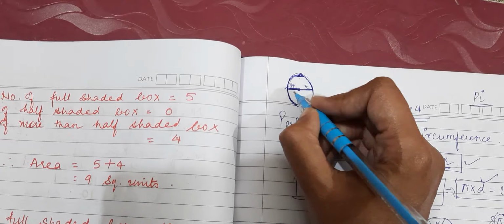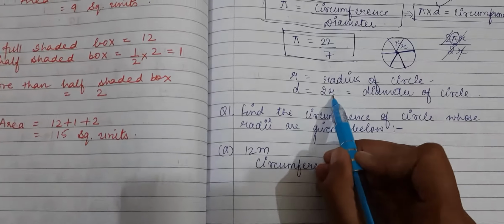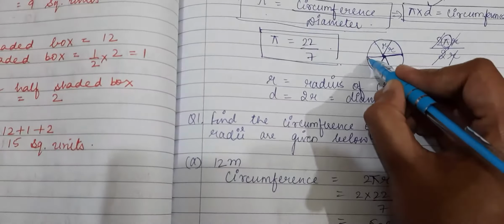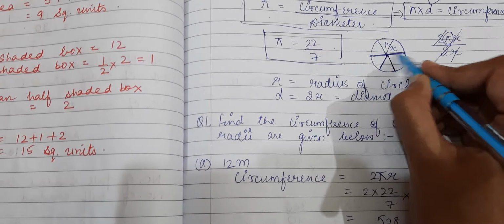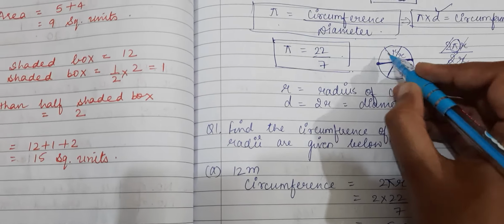This is r plus r, meaning 2r. So this is called the diameter. Diameter is always twice the radius. Diameter is the line which passes through the center of the circle from one point on the circle to the other point on the circle.